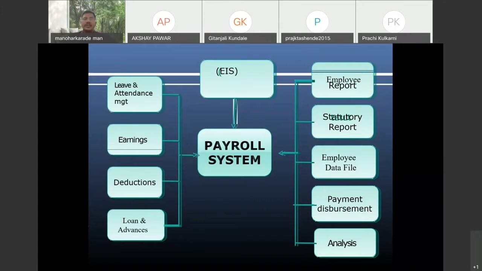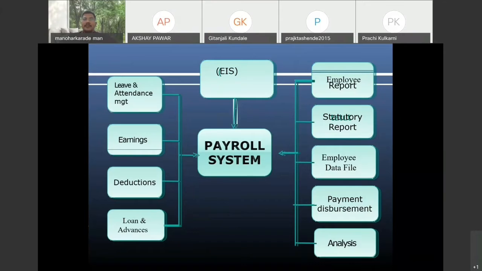Then deductions, normally we get into understanding the tax deductions or other deductions from the salary and wages as per the requirement of the norms. Then in case of loans and advances taken by employees, we need to take care of that.